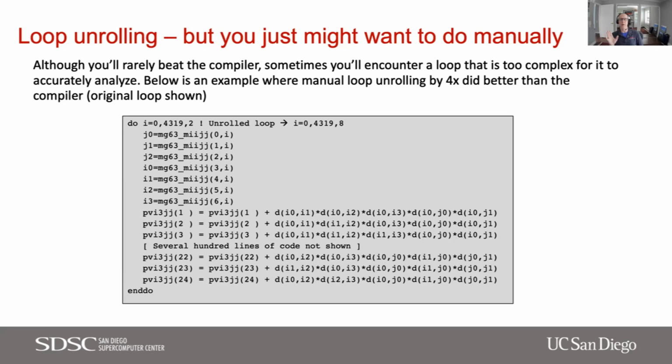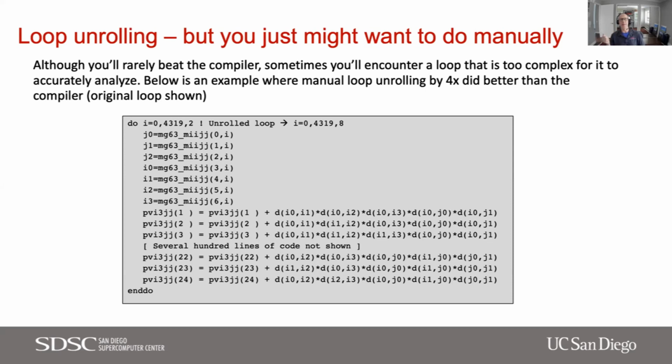I had worked on a chemistry application, actually with a collaborator here at UCSD a few years ago, where he had these incredibly complex loops. I'm showing one here where the original loop was i equals 0 to 4319 with a stride of 2.